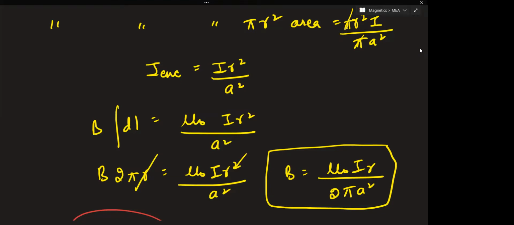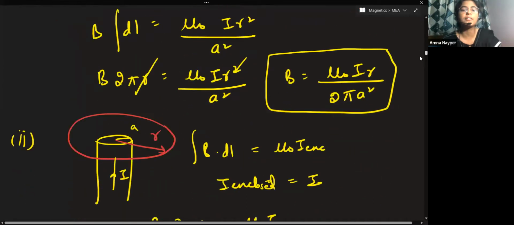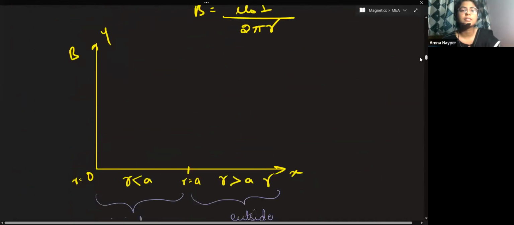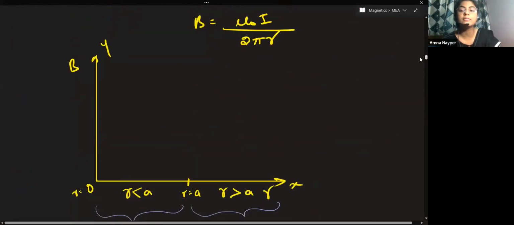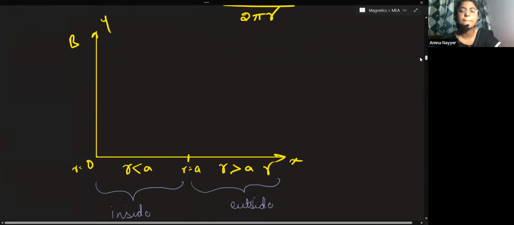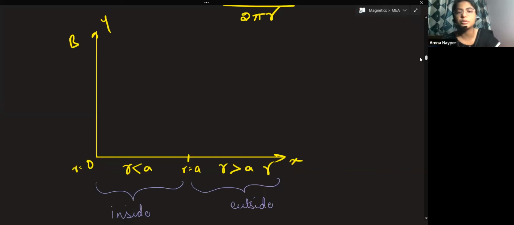So what kind of graph will it be? If two quantities are linearly proportional, what kind of graph do we get? We discussed graphs also. If X is directly proportional to Y, then the X versus Y graph looks like a straight line.